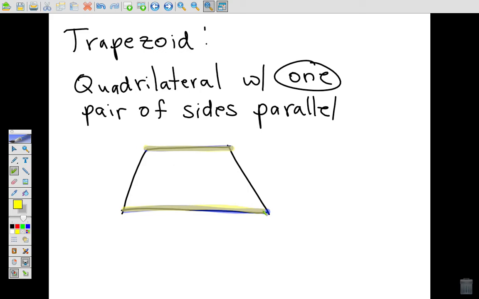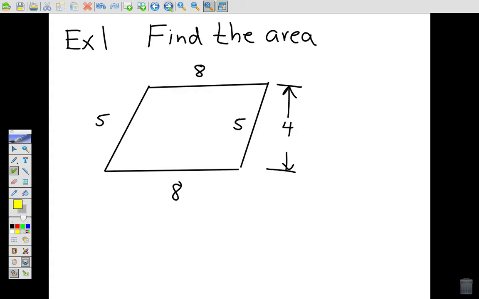In other words, they would intersect. So that's trapezoids and parallelograms. Now in example 1, it says find the area of this figure. What is this figure? Is it a trapezoid or is it a parallelogram? It's a parallelogram. There are really two ways you could think about this. One way is we can always split a parallelogram into two triangles.